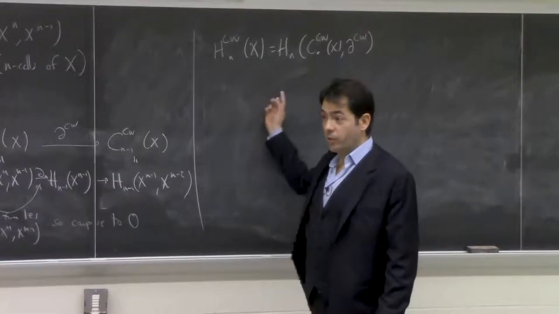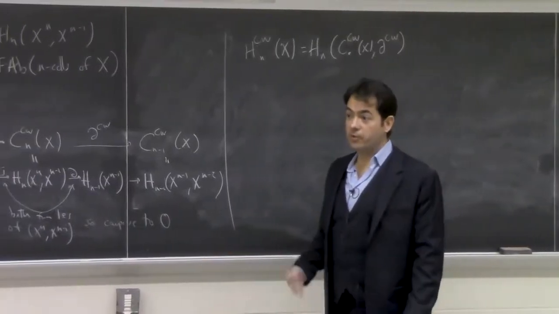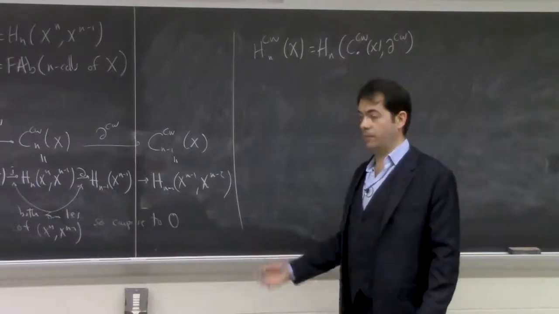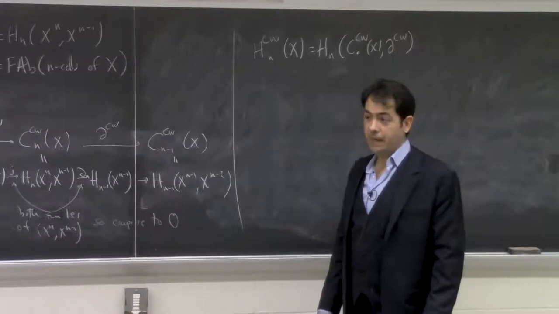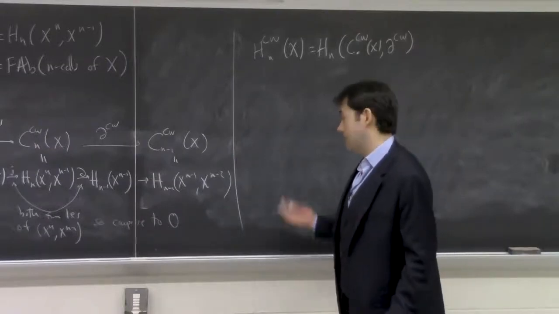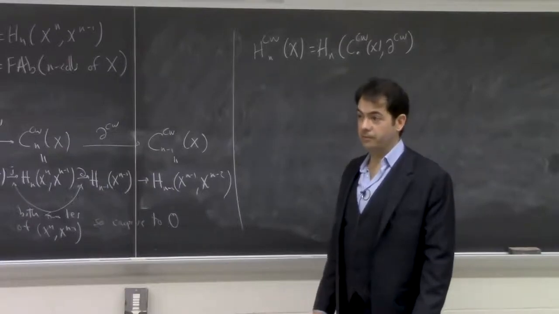And we want to know that this homology is the same as the singular homology of X. Right? In particular, this will show that it doesn't matter what cell complex structure you put on X. You always get the same homology. And then I said that this had something to do with degree, so we want to relate this with the degree of some map.